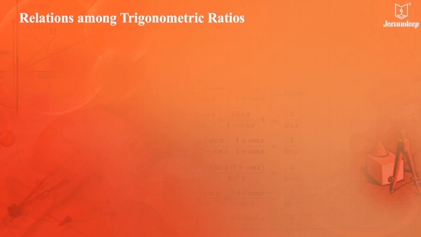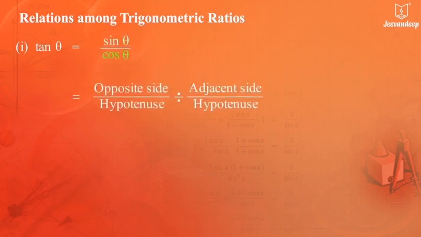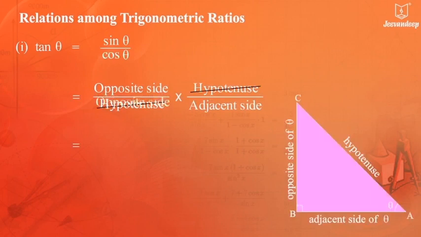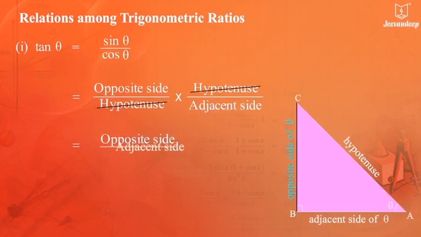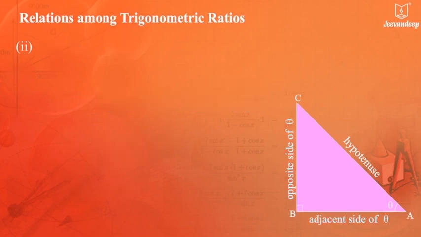Relations among trigonometric ratios. 1. Tan theta equals sin theta upon cos theta. 2.